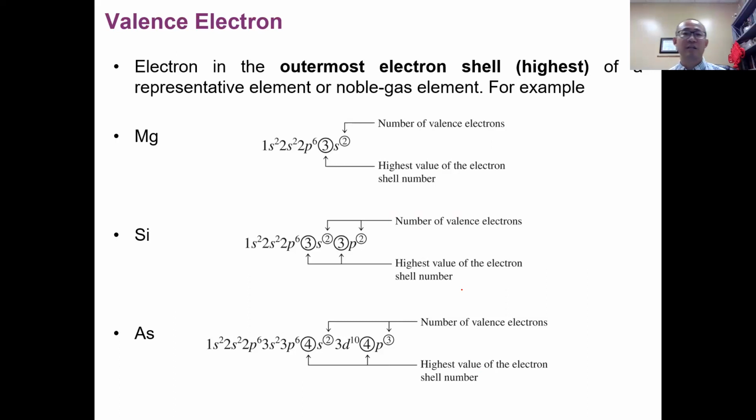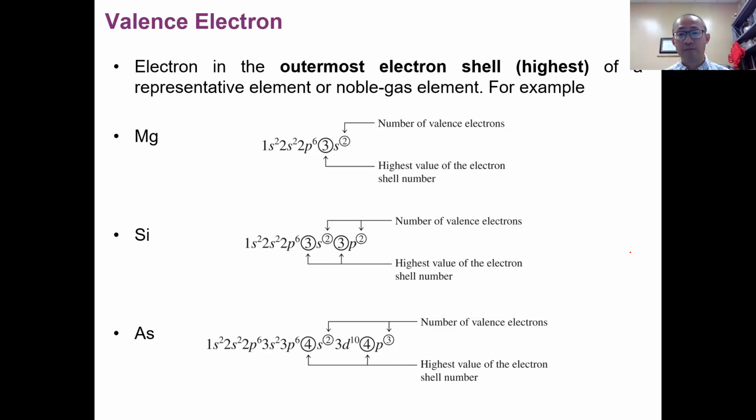First, what are valence electrons? Like I said, not all electrons in an atom are involved in bonding. Only a small group. And that small group of electrons involved in bonding are the electrons in the outermost shell, or the highest energy level.